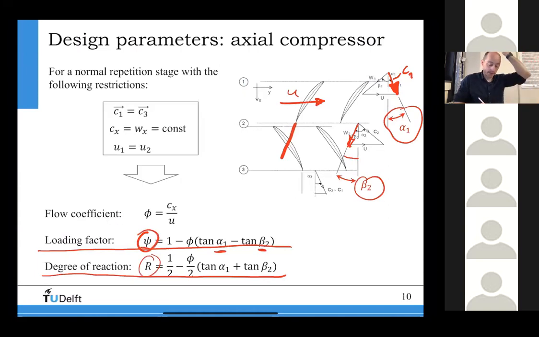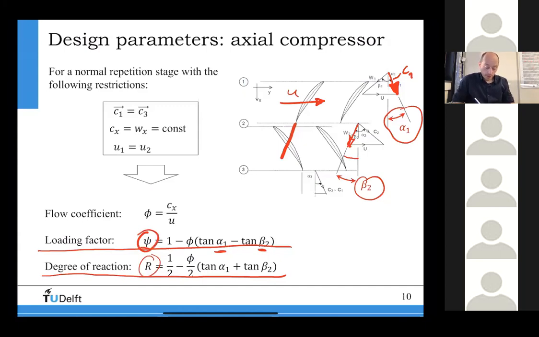I have designed it, and I know that this is at my design condition. I get this loading factor and this degree of reaction if I know the angles, or the other way around. If I know the loading factor and the degree of reaction, I can easily calculate what the angle should be.